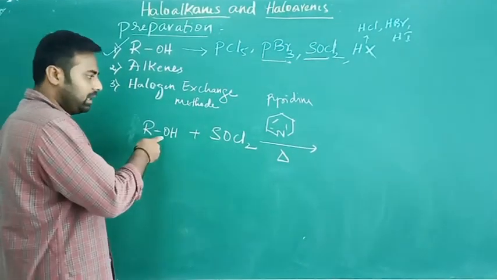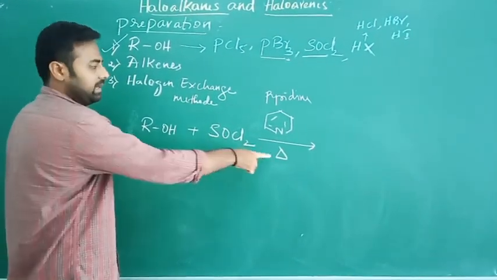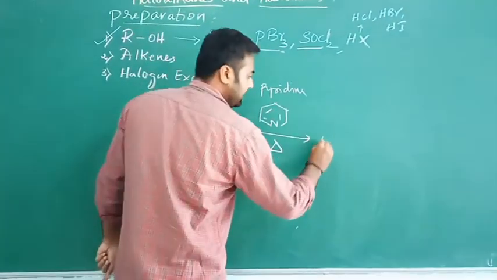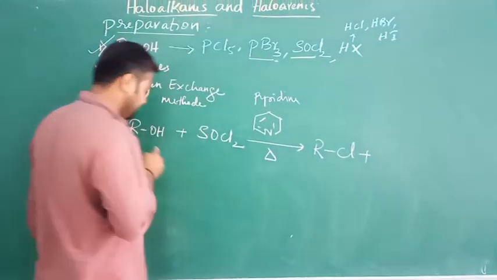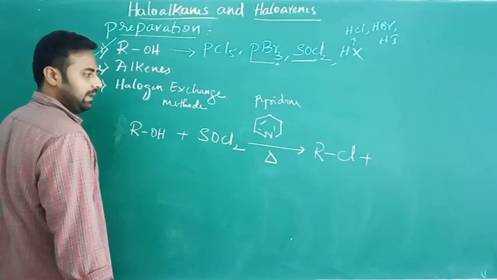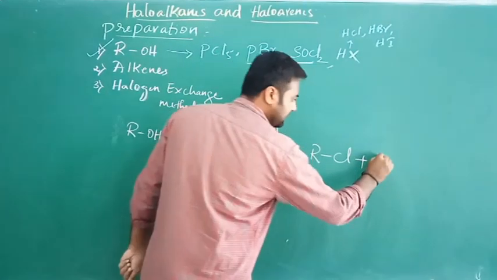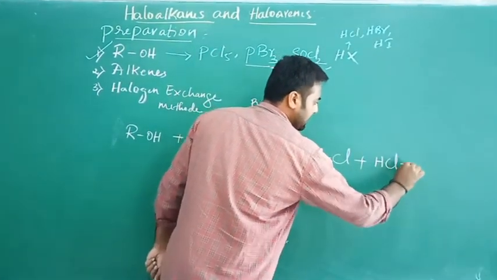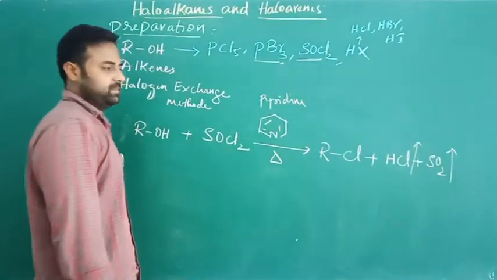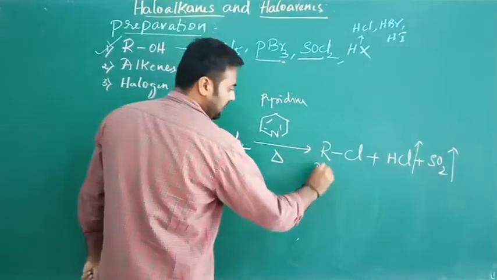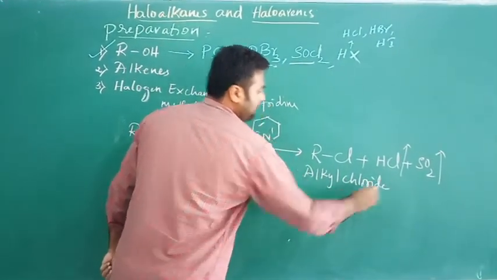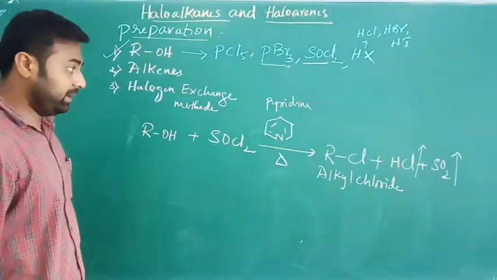When these alcohols are reacted with, or heated with, thionyl chloride in the presence of pyridine, that gives alkyl halide. When this alkyl group combines with this Cl, it leads to the formation of alkyl halide, and the remaining byproducts are HCl and SO2, which are two gases produced as byproducts, and this is the alkyl chloride produced as the main product.